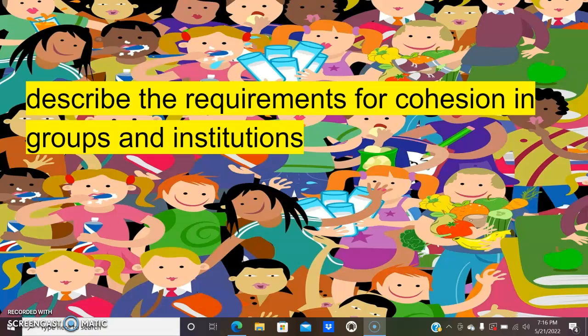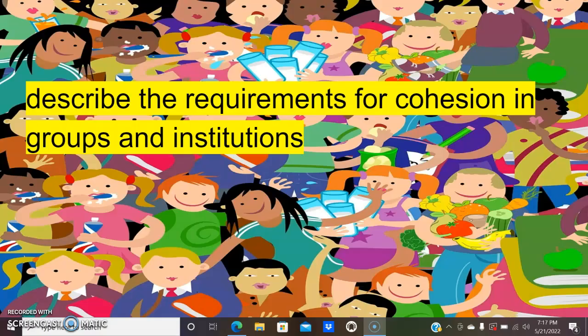Okay, let us see. So there's a key term that we need to know the meaning of, and that key term is cohesion. When you hear the term cohesion, what comes to mind? Well, if you're thinking working together as a group, togetherness, if you are thinking unity, you are definitely correct.